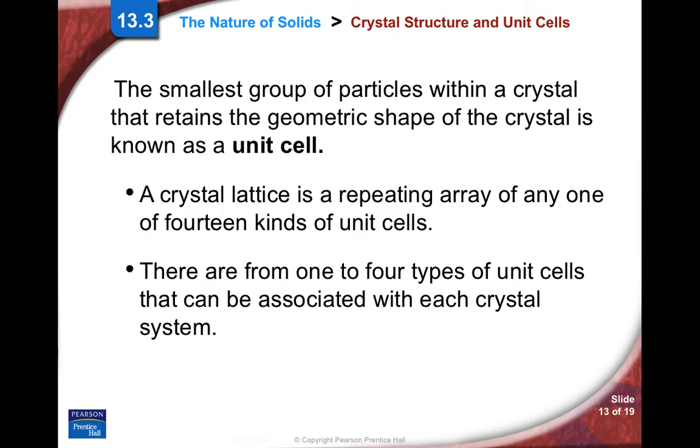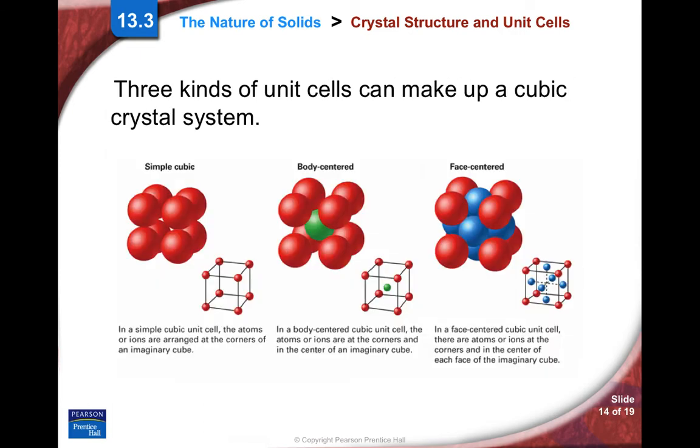The smallest clumping of particles to give that geometric shape is what's called the unit cell. We did talk about face-centered cubic and body-centered cubic and closest packing, hexagonal closest packing previously. So this is a little bit different than that, but similar. That crystal lattice repeats, and there can be different kinds of unit cells in each crystal system.